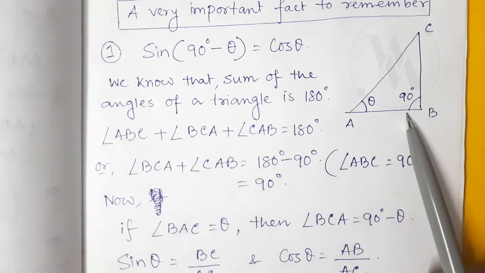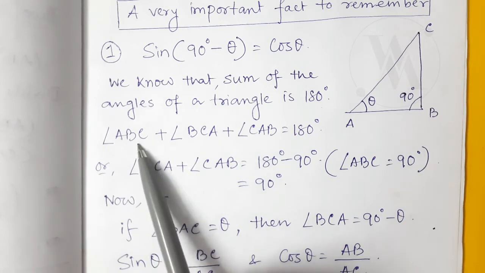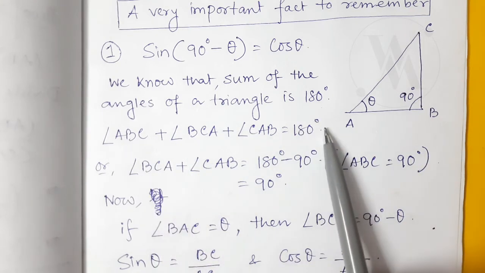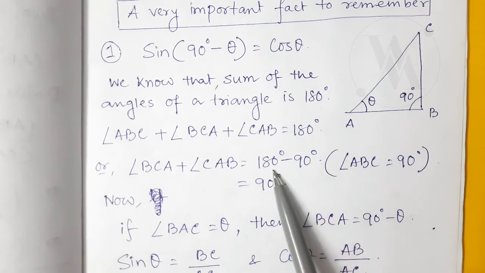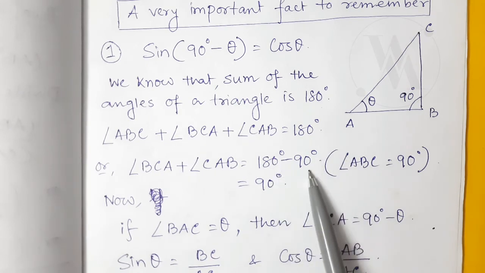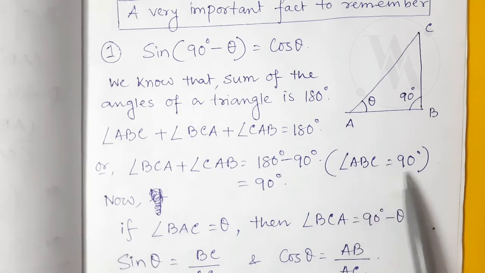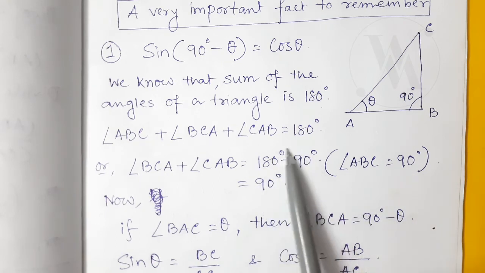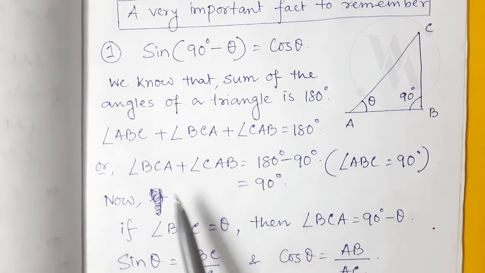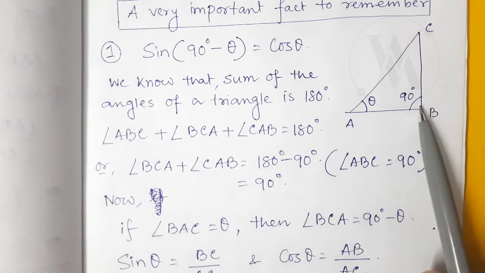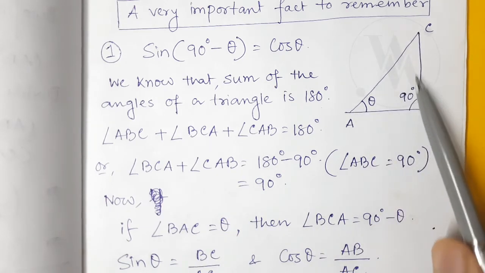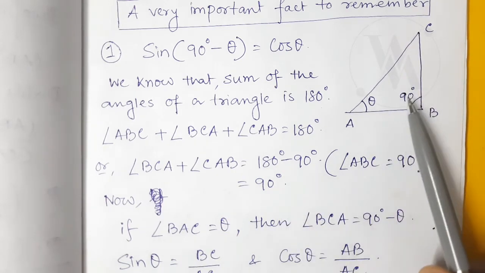We know this angle ABC is 90 degree, so you just subtract it from this side of the equation. It will be 180 degree minus 90 degree, since ABC is 90 degree, which is 90 degree. So the sum of these two angles, this and this, is 90 degree.